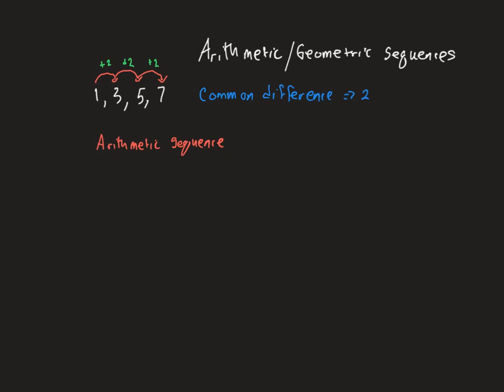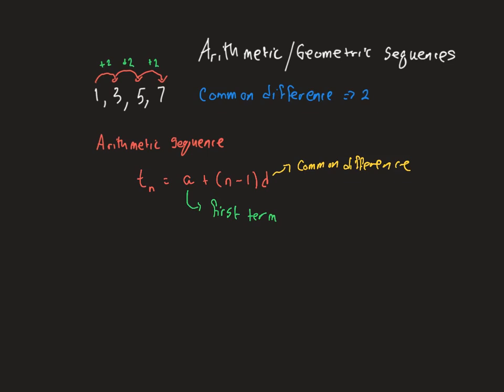To determine the nth term, we would use this formula: t of n is equal to a plus n minus 1 times d. a is the first term of the sequence, while d is your common difference. Okay?